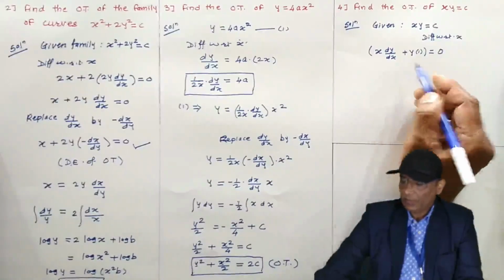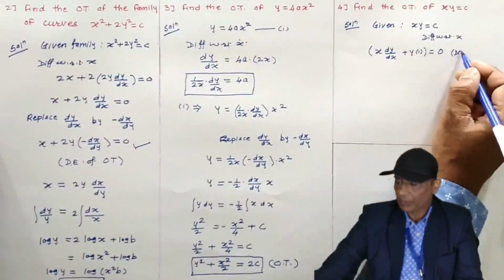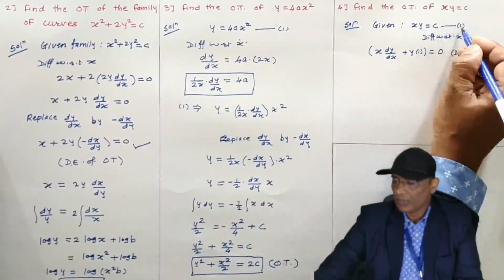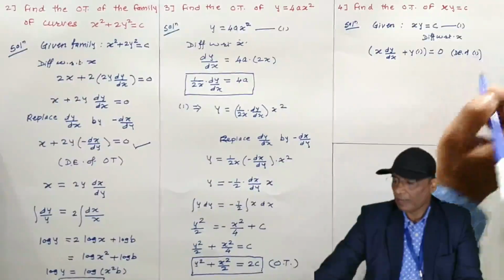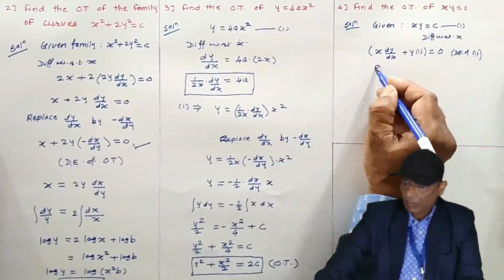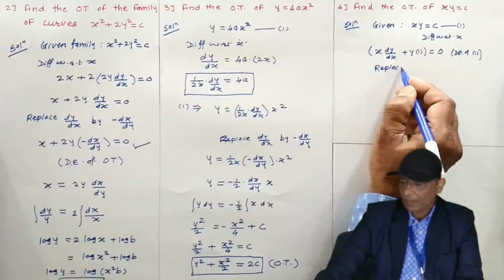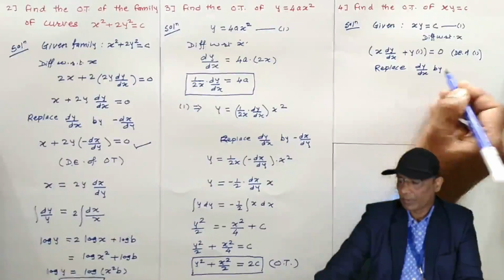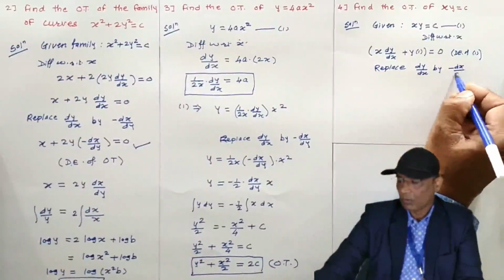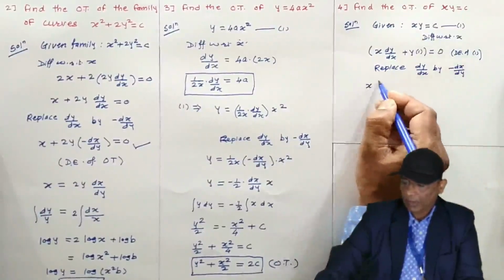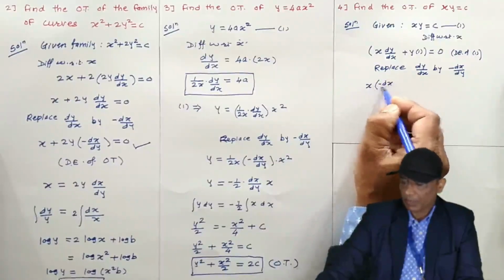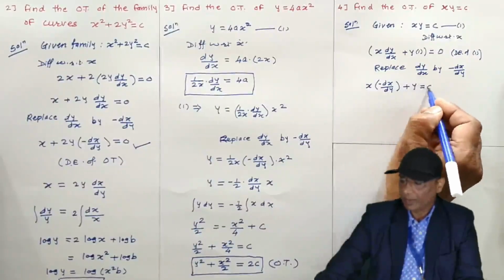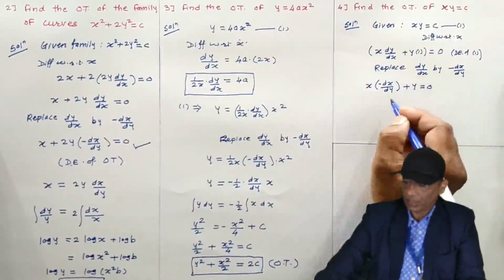Now, this is the differential equation of the given family of curves. Now replace dy by dx by minus dx by dy. What do you get? x times minus dx by dy plus y is equal to 0, not c.